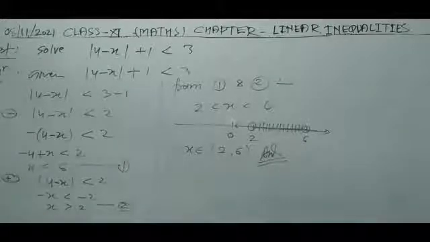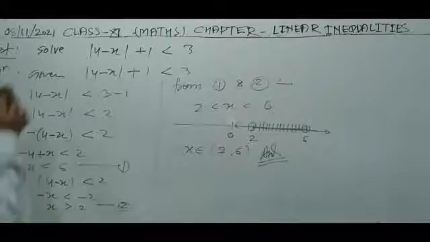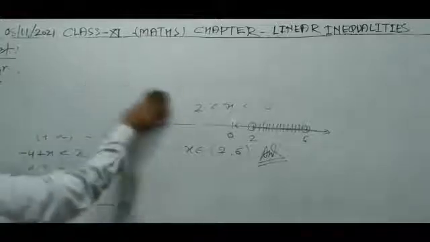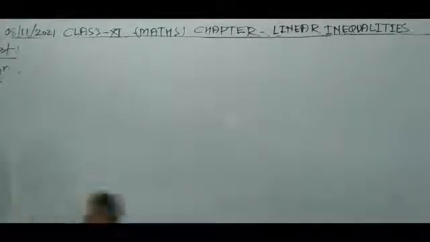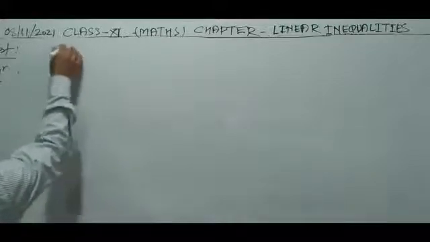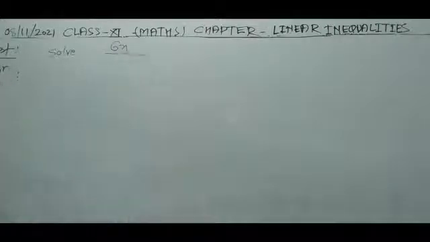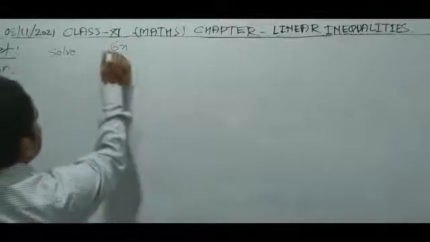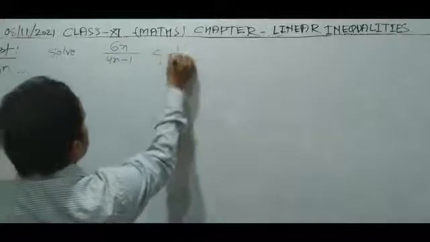The next question is question number 4. Solve 6x upon 4x minus 1 is less than 1 by 2.